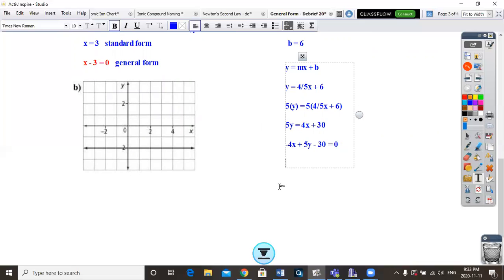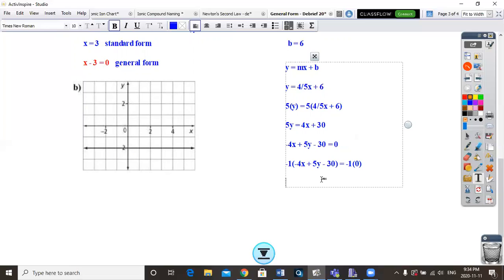Multiply everything by -1 to get rid of the negative 4x. So -1 times negative 4x plus 5y minus 30 equals -1 times 0. Obviously it's 0 anyways, but just showing it. So now we flip the signs.